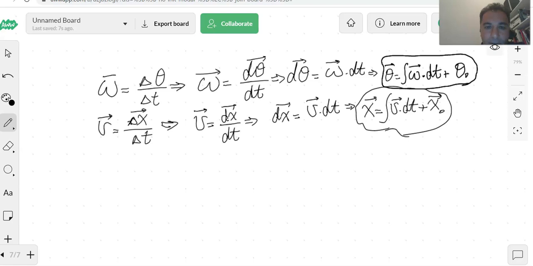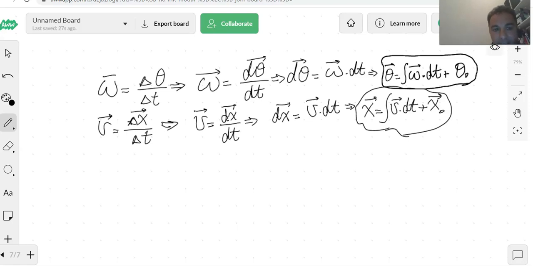So this is called angular velocity. As we had here, displacement is the area under the graph of velocity versus time.